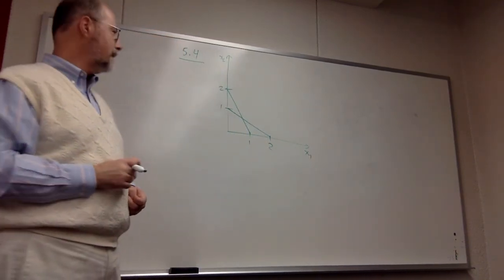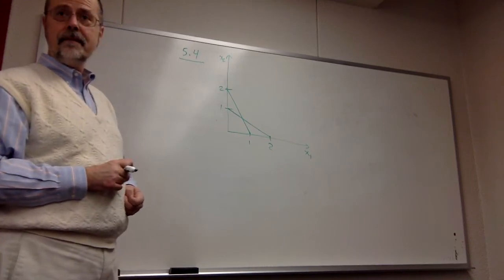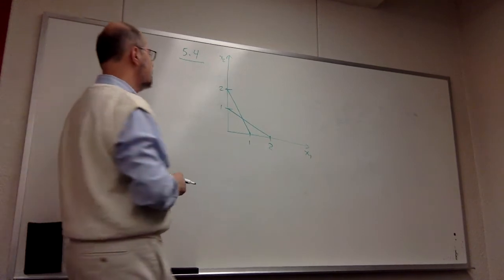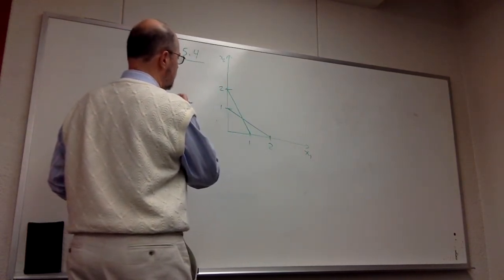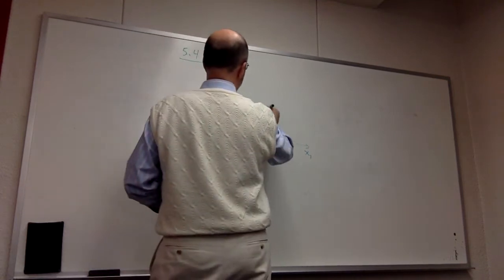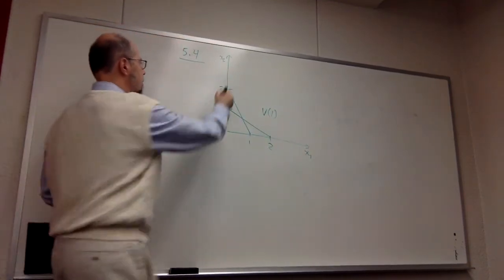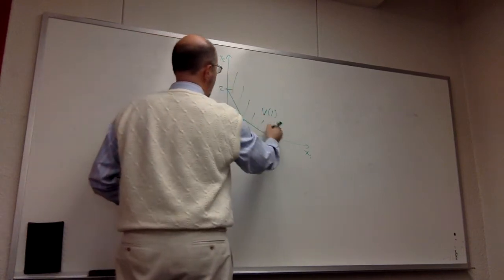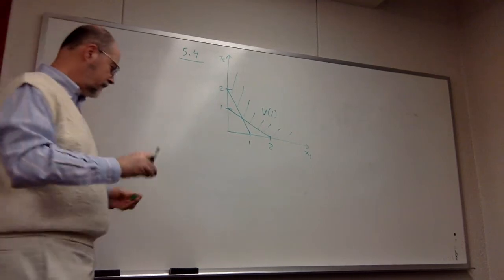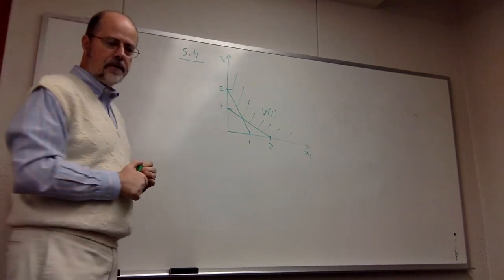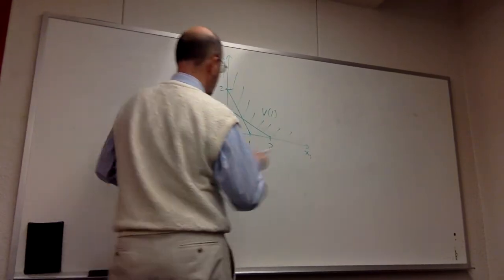You attempt to write your input requirement set, right? So this is the input requirement set to produce 1 unit of output. Okay? And then you think through this in terms of slopes of the isocost, right?